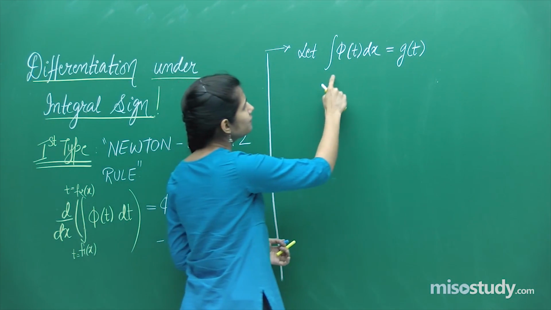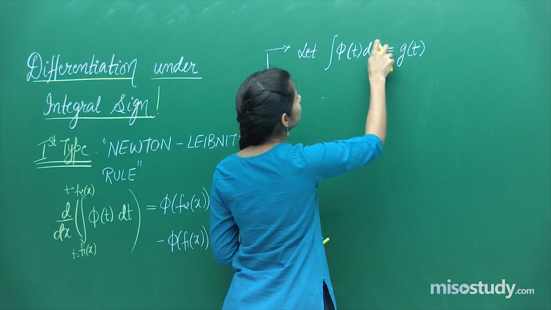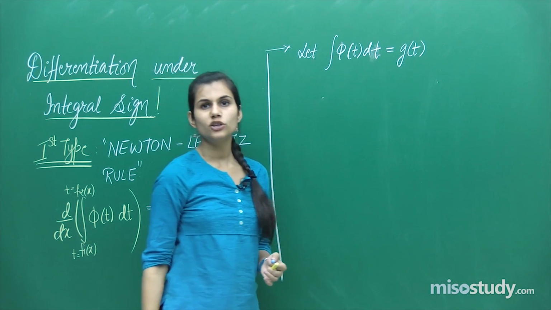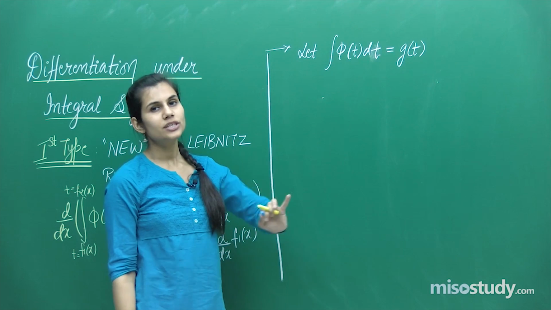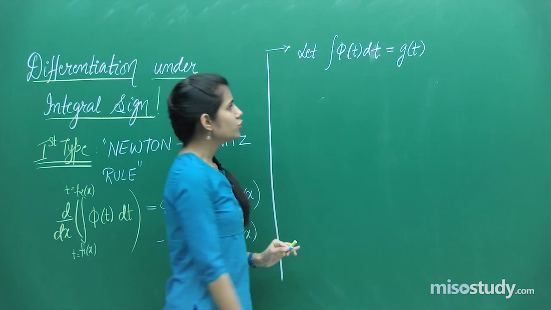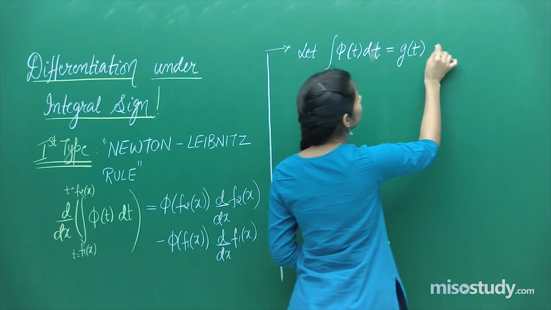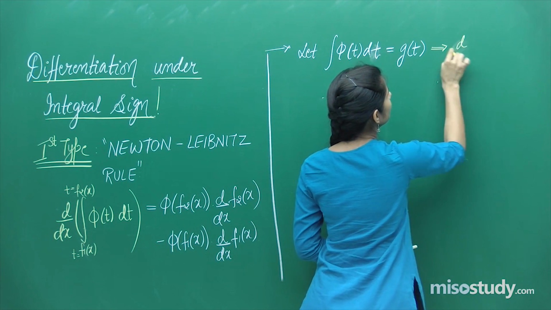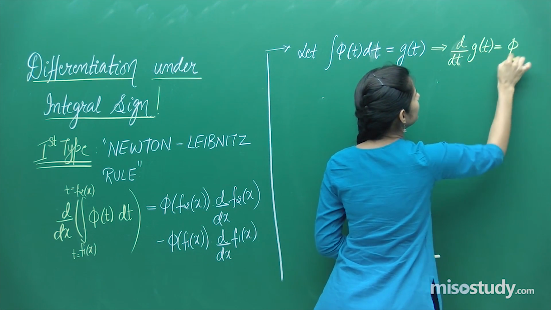Actually, if I were writing, it would have been the indefinite integral of phi t dt is g t plus c, the constant of integration, but I am not writing it. I am interested in definite integration. I just want one antiderivative. So, suppose this is that one antiderivative. If g t is one antiderivative, this implies d by dt of g t is phi t.